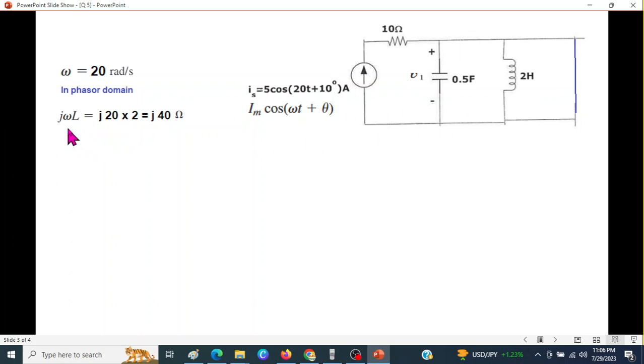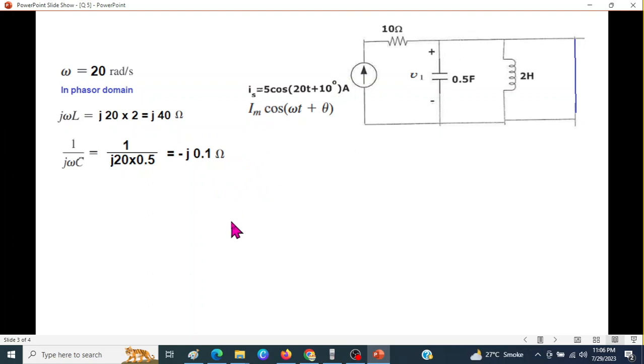Inductor, I hope you remember, we write it as j omega L. So j times 20 times L, and L is 2. So the inductor will be replaced by j40. Similarly, the capacitor is replaced by 1 over j omega C, 1 over j times 20 times C, and C is 0.5. So this is the capacitance in phasor form.